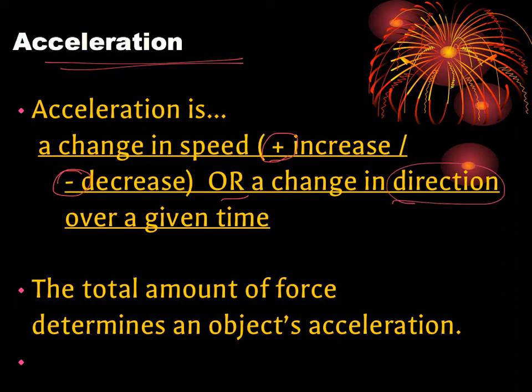So an increase in speed, decrease in speed, or a change in direction all indicate that the object has a change in motion. And we figure out if there's a change in motion, or an acceleration, by looking at the total amount of force, or the net force, after adding up that free body diagram.